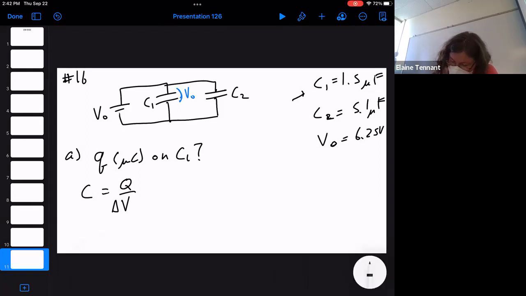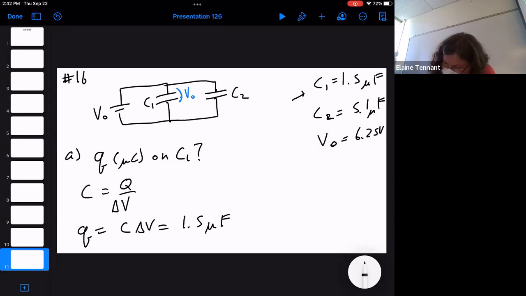So that means if we want the charge, we're going to say C times delta V, and that is 1.5 microfarads times 6.25 volts. And luckily they ask us for the answer in microcoulombs, so you don't even have to do the unit conversion. You can just keep the micro around. And so that'll be how you can figure out the charge. Okay, does that make sense?